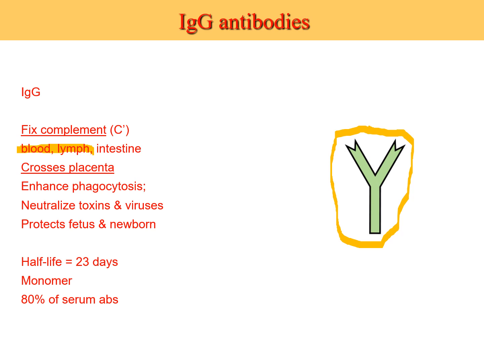Not every type of antibody can cross the placenta and go into the developing fetus, but IgG can, and in that way they protect the fetus, because the fetus's immune system does not develop until after birth, and it's not completely developed until 6 months of age.